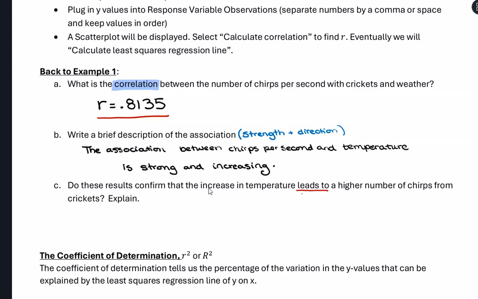This is claiming causation. This is saying cause and effect. One thing gets larger so the other thing does, and we don't know that. No. All we can say is there's a strong association. But we can't make claims of cause and effect here.